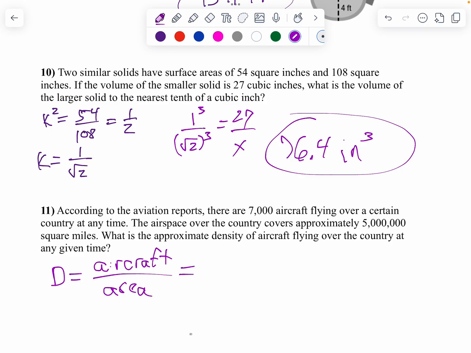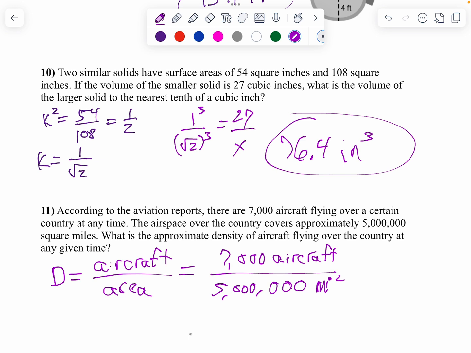So I'm going to say 7,000 aircraft divided by 5 million square miles.